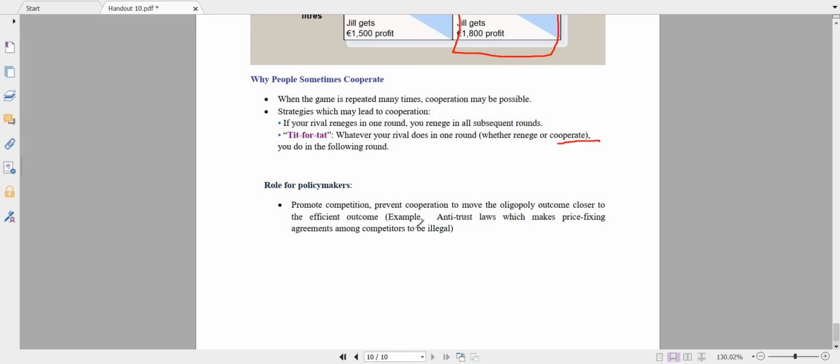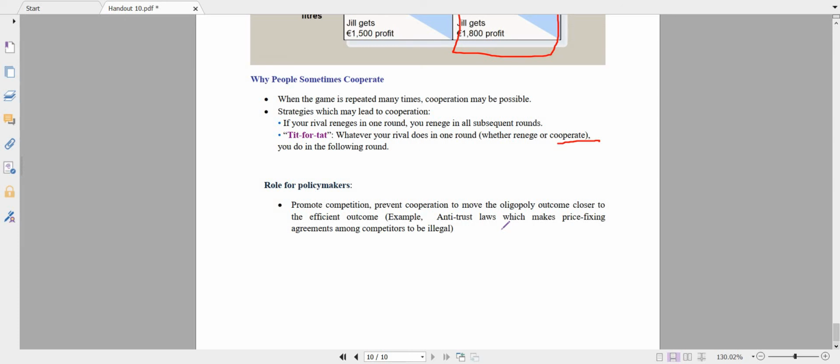For example, antitrust laws are in place which make price fixing agreements among competitors illegal. If any company is found to be involved in price fixing, legal action can be taken against those firms. So there are laws in place which discourage oligopolies from operating as cartels.